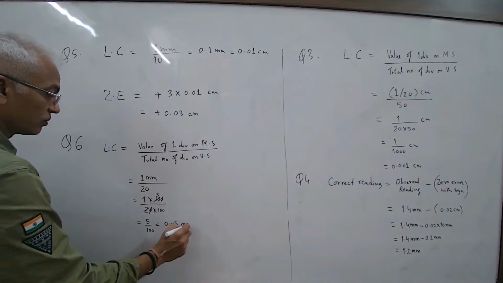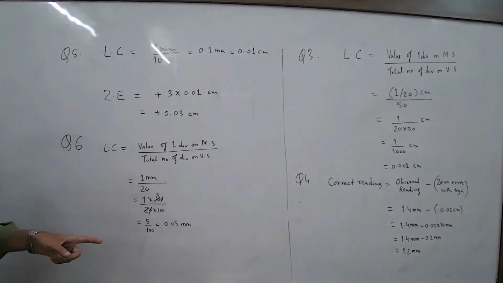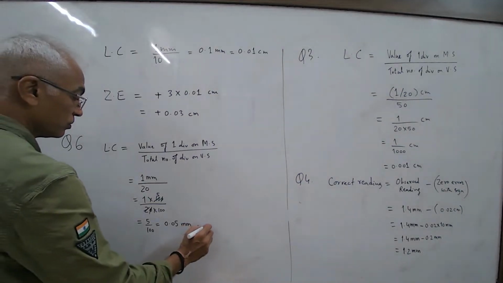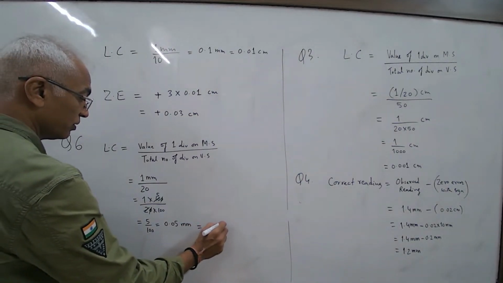Right? Millimeter. What is the least count? 0.05 millimeter, or 0.005 centimeter.